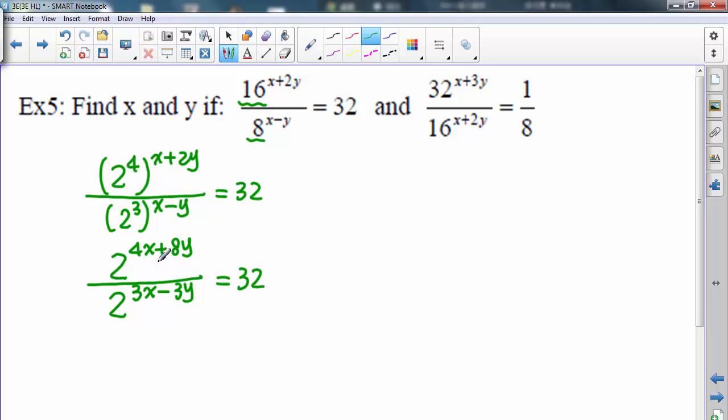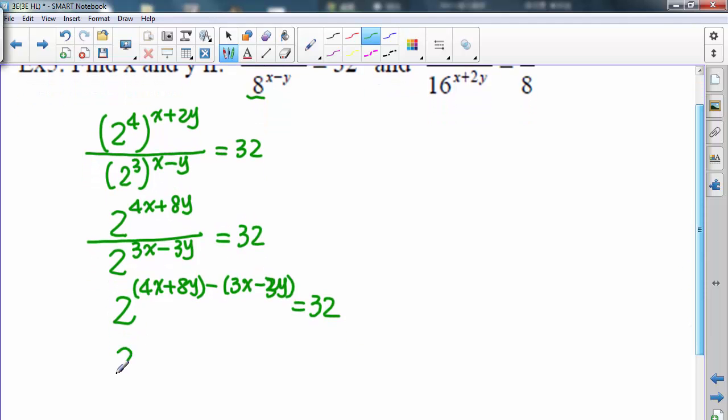When I divide two powers with the same base, I can keep the base and subtract the exponents. So 4x plus 8y minus brackets 3x minus 3y. Be careful when you subtract. Make sure you put down a pair of brackets for the initial exponent.